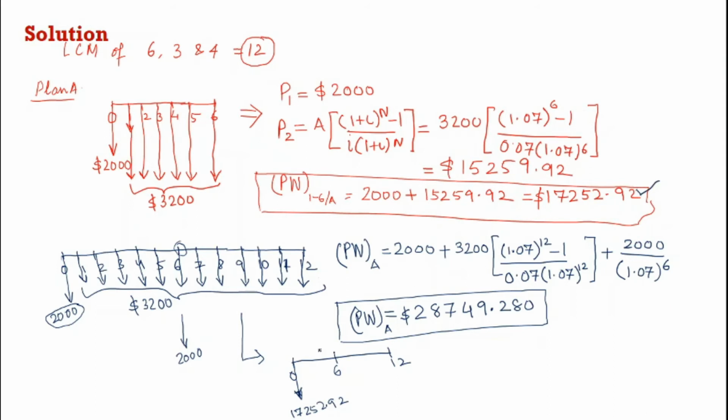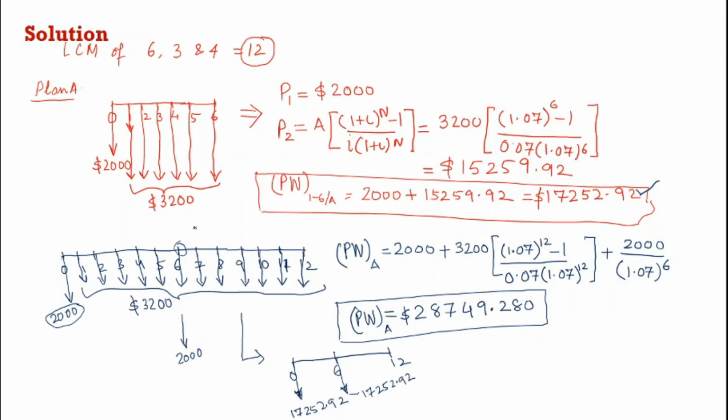Now since we are using the repeatability assumption, when we are repeating this cash flow starting at the end of year 6 and continuing till 12, we will be having another transaction, the same transaction, but now at the end of year 6, and the amount of this transaction is the same as what we are having here, that is $17252.92.